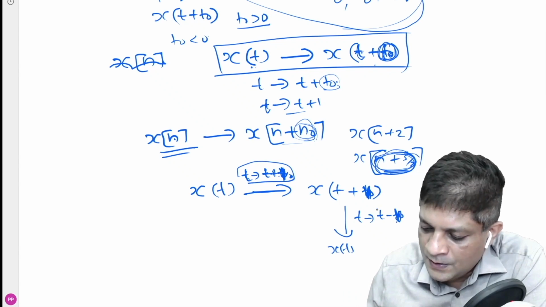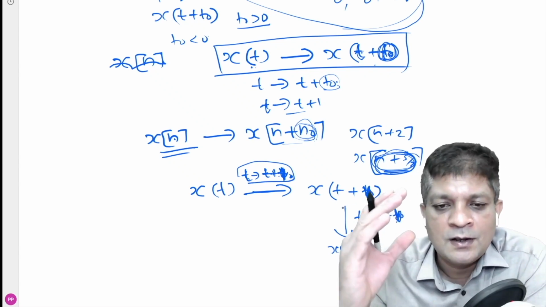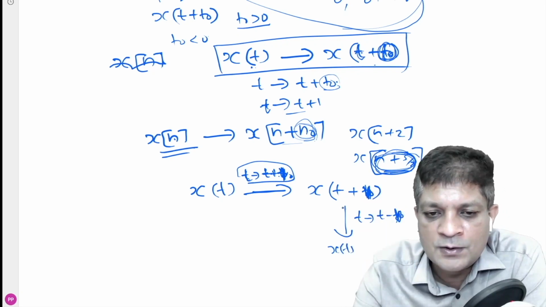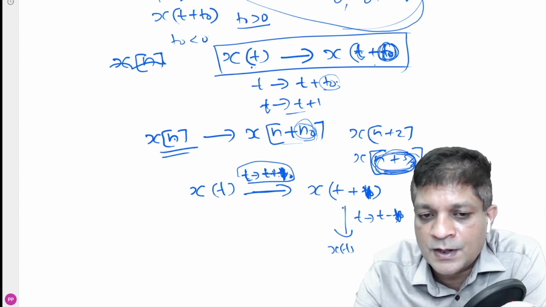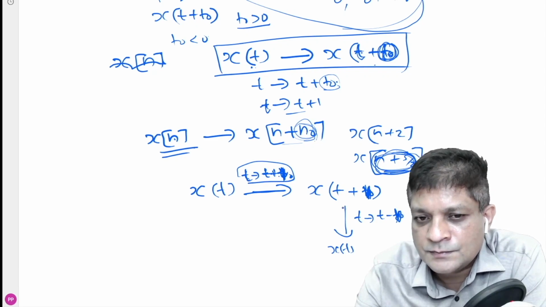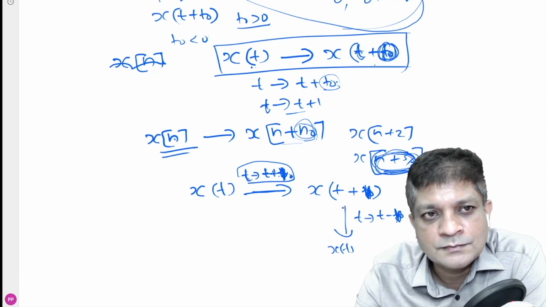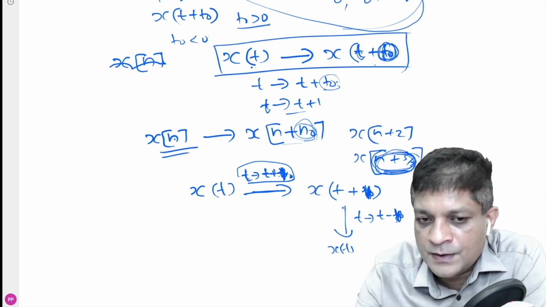The inverse of that operation, shifting it right by 1, gives you back the original signal. So time shifting is an invertible operation.